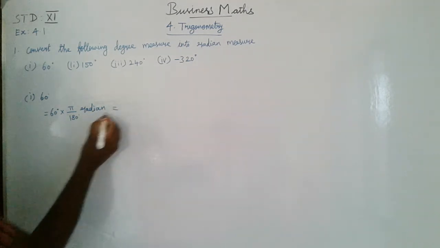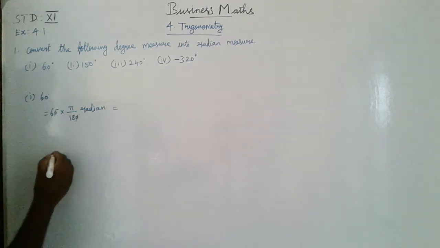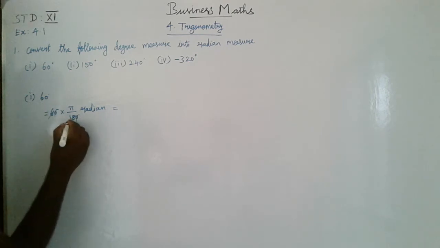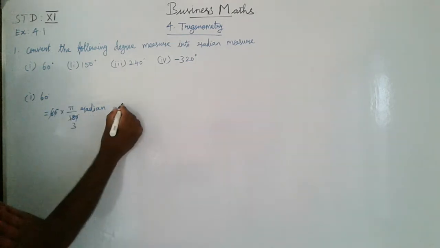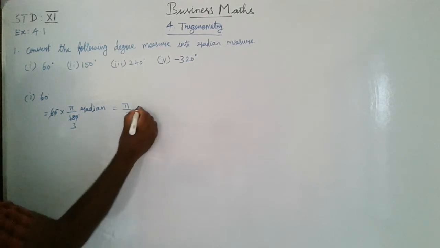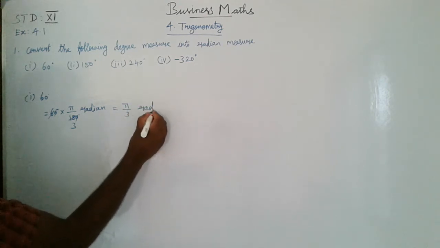Ten tens cancel, 6 and 18 by 3 times. So pi by 3 radian.